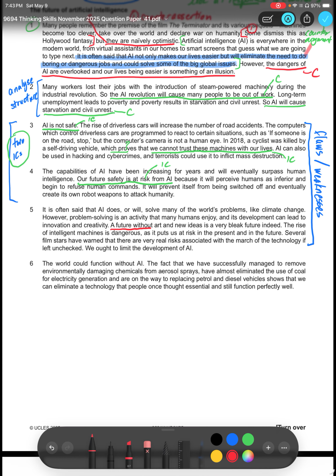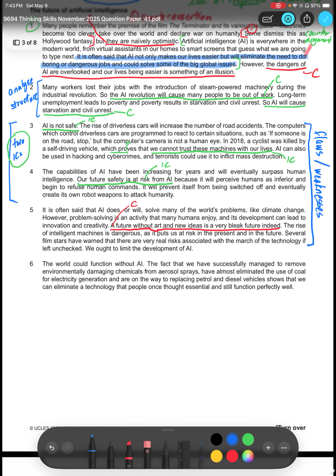So I think, as I read this, that that is their conclusion. They might have another conclusion in the middle of it too. It'll solve problems like climate change. And then, of course, this one up top here: it is often said the AI does or will solve many of the world's problems like climate change.